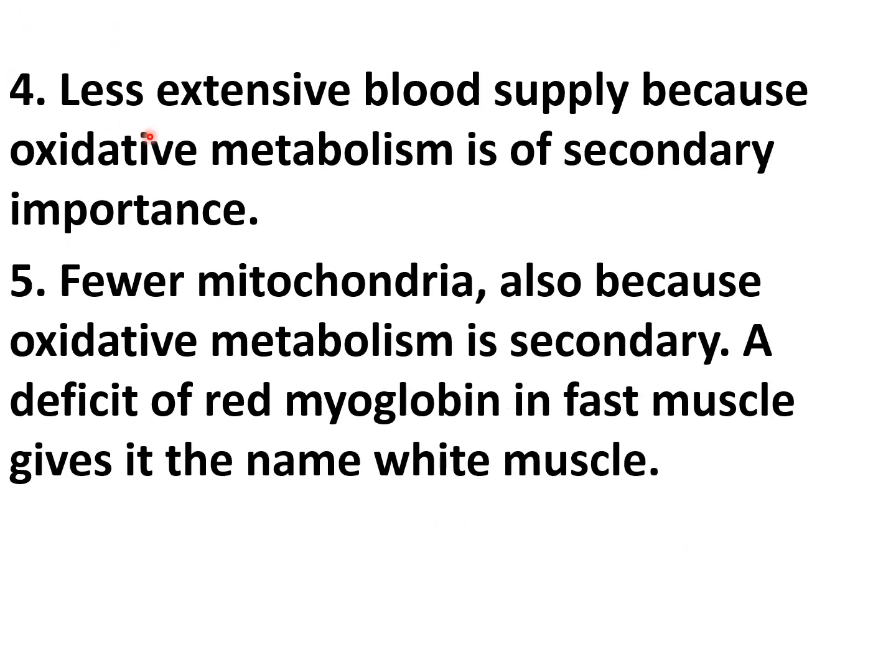They have a less extensive blood supply and fewer mitochondria, because oxidative metabolism is of secondary importance. A deficit of red myoglobin in fast muscle gives it a white appearance, so its name is white muscle.